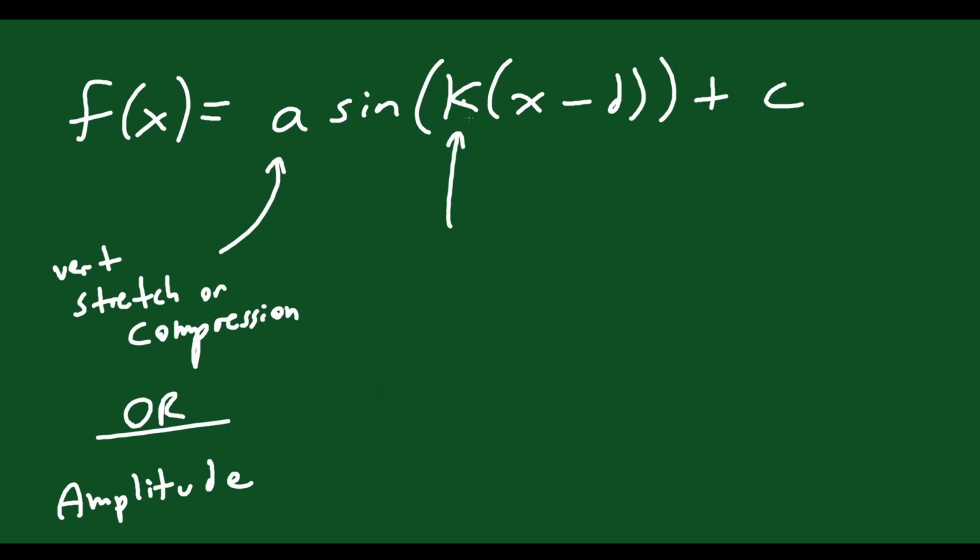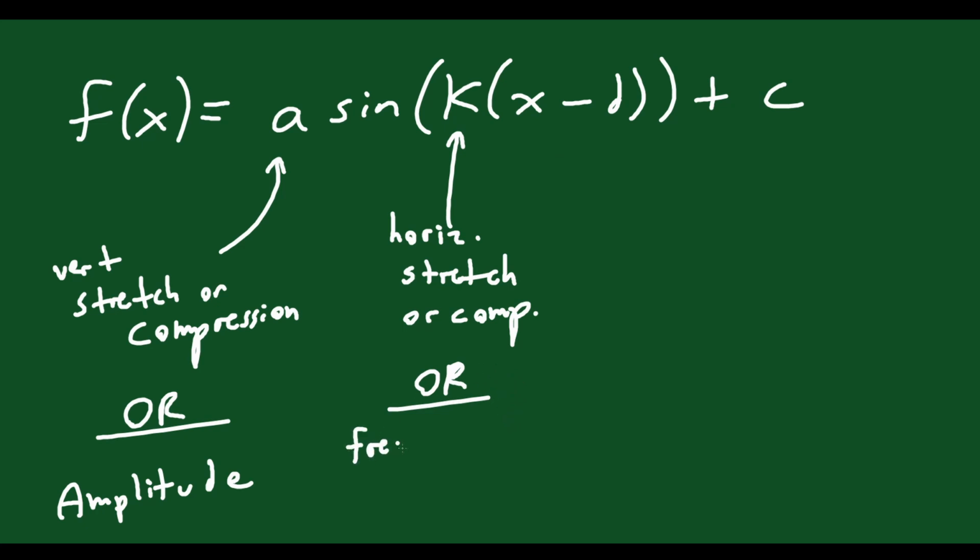Then you have the k value in here. The k value in the past we would call a horizontal stretch or compression, right? But now that we're dealing with these sinusoidal functions, we can refer to this as the frequency, or in other words, the number of cycles in 360 degrees.